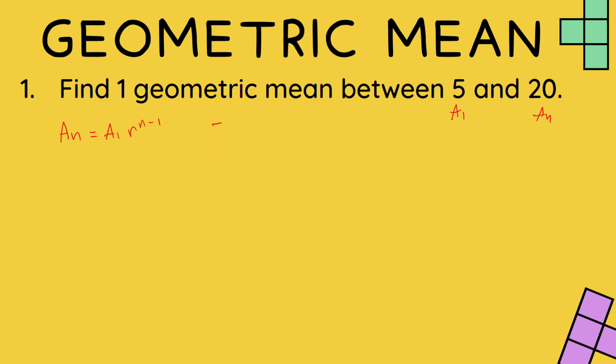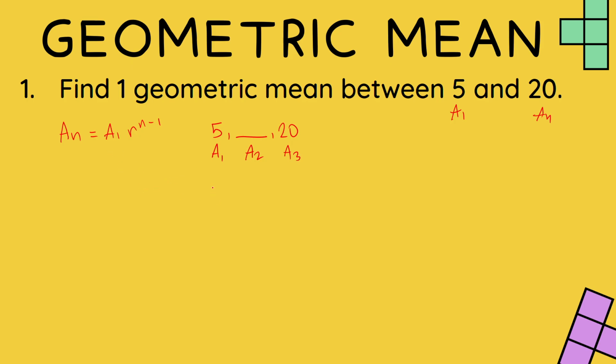So we now write 5 here. Then we are going to insert 1 mean between 5 and 20. So we know that 5 is a sub 1, 20 is a sub 3. So how did we know that this is a sub 3? Because 5 is a sub 1, and of course, the inserted number is a sub 2, and 20 is a sub 3.